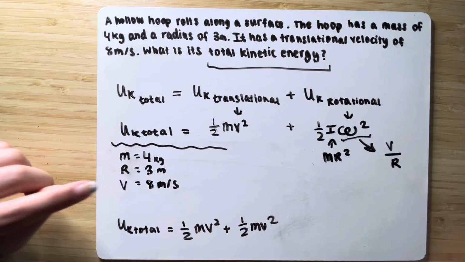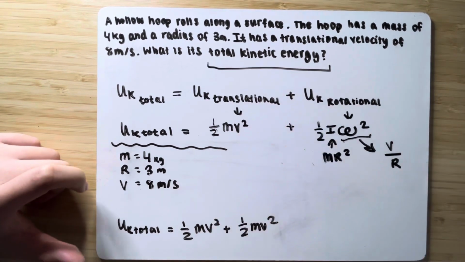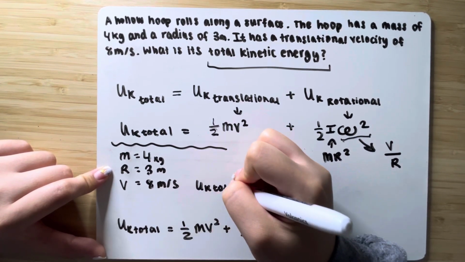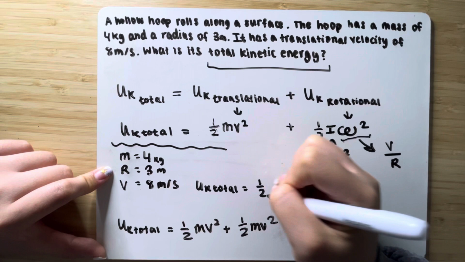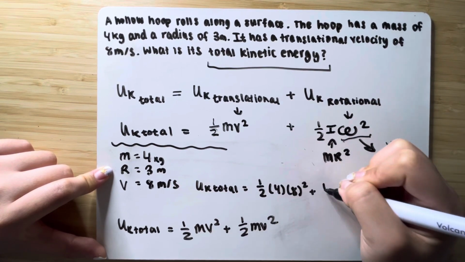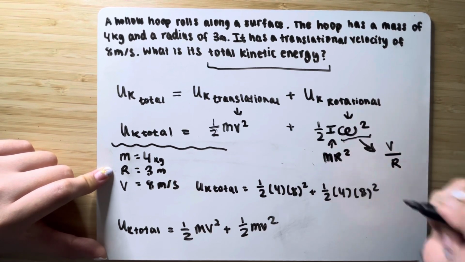Okay, once you get that out of the way, you plug and chug. So you now have U k total equaling 1/2 mass, which is 4, times velocity, which is 8 squared, plus 1/2 mass, which is 4, times velocity, which is 8 squared.